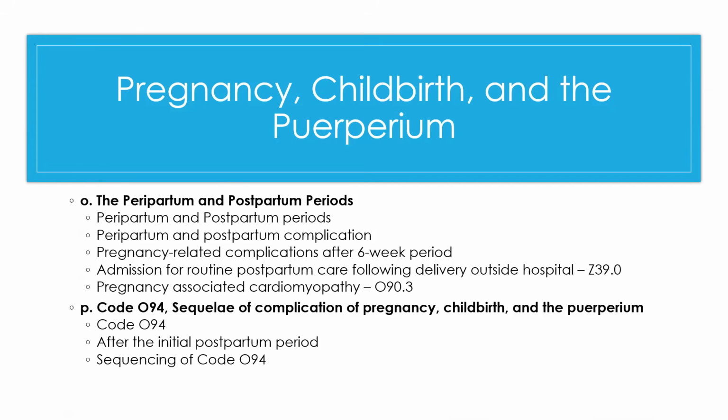Number 2, after the initial postpartum period. This code may be used at any time after the initial postpartum period. And number 3, sequencing of code O94. This code, like all sequelae codes, is to be sequenced following the code describing the sequelae of the complication.